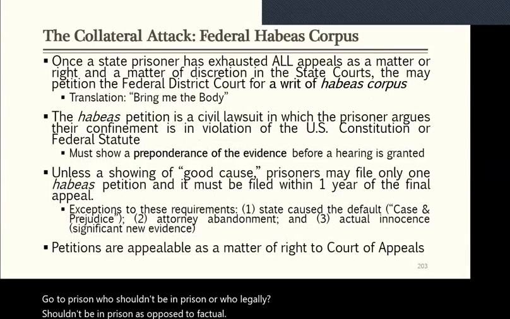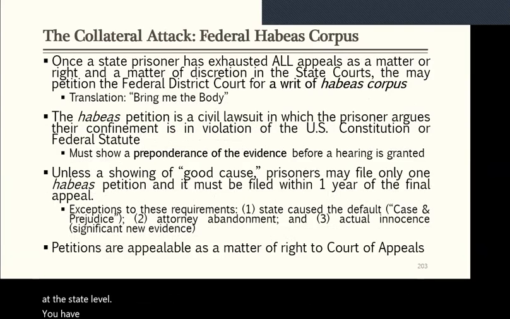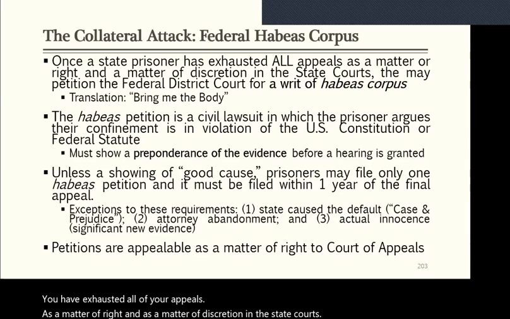So there's what comes after the appeals, right? Once a state prisoner gets convicted at the state level, you have exhausted all of your appeals as a matter of right and as a matter of discretion in the state courts, right?